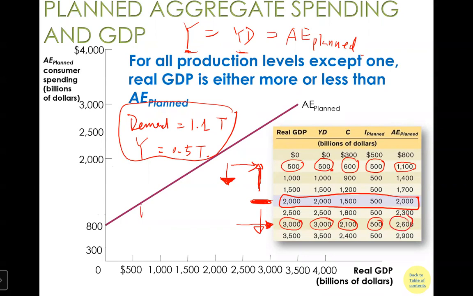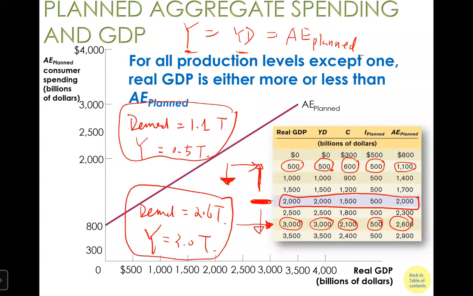Now, demand equals 2.6, and Y, which is output or supply, equals 3.0 trillion. Obviously we produce too much, so we are going to add to our inventory, right?